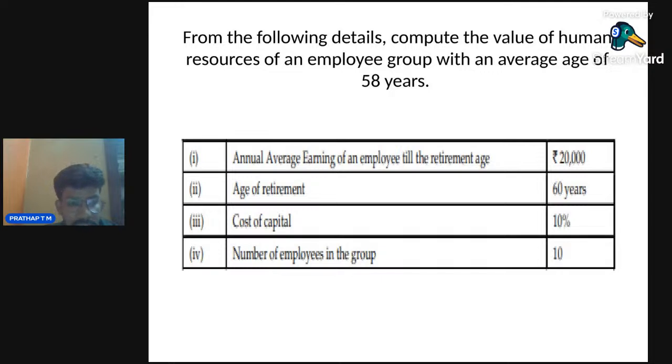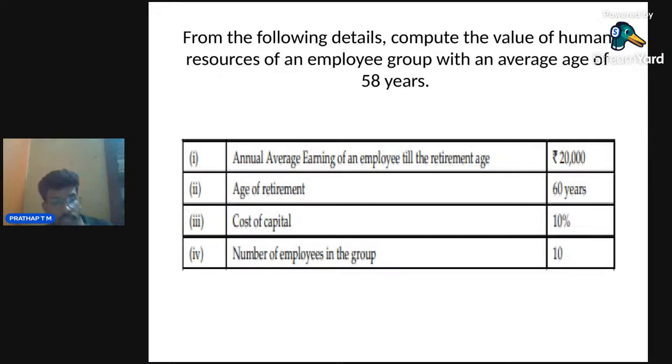Let's take the next one, 30 years. What is the 30 years present value factor? It is 9.426, round figure 9.4. Then what you have to do? You have to deduct 8.514. Why 8.514?